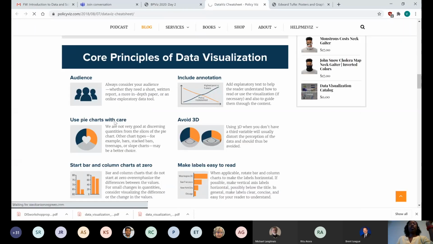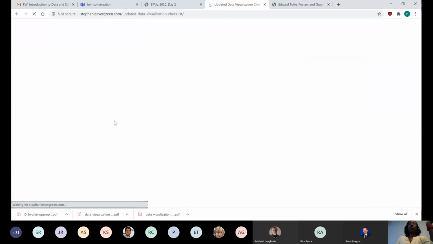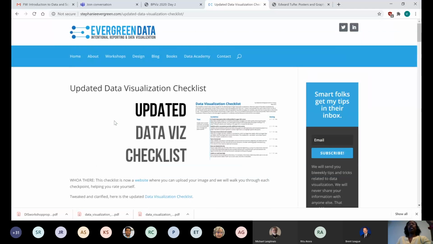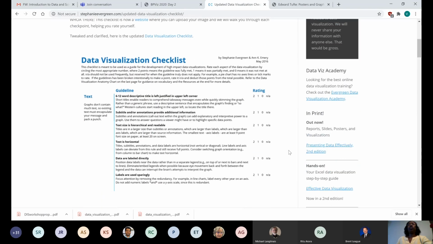The visualization checklist. As you are creating your visualizations, you can use this as a guide, to make sure that you are, at the very least, following the guidelines that are acceptable in terms of the basic principles being adhered to.